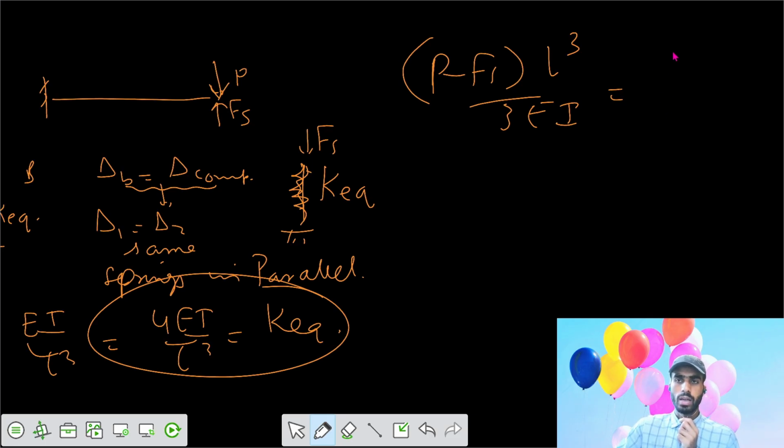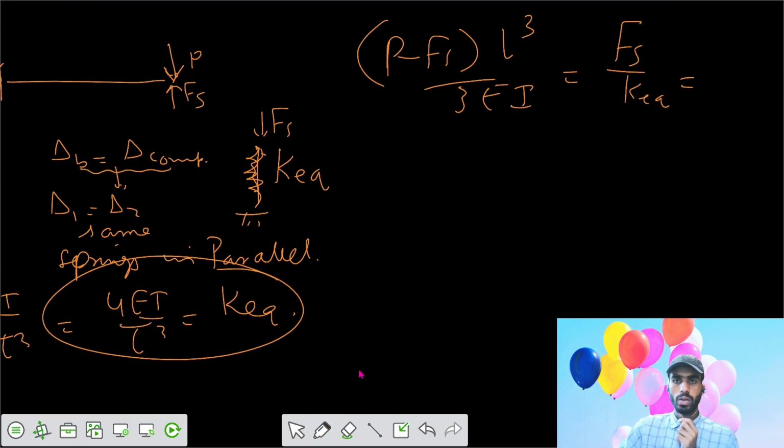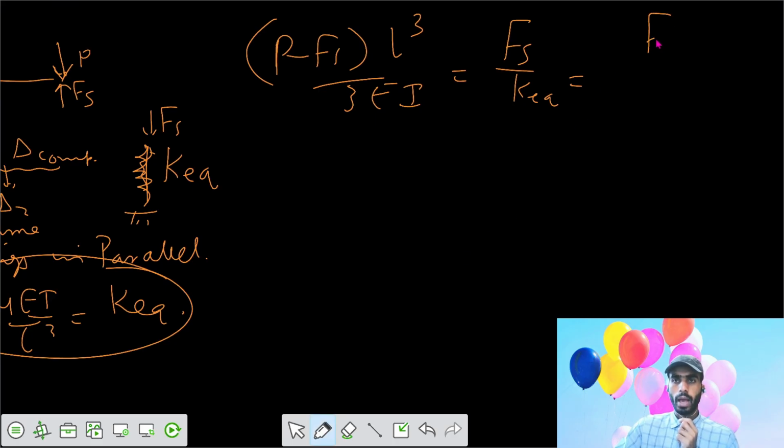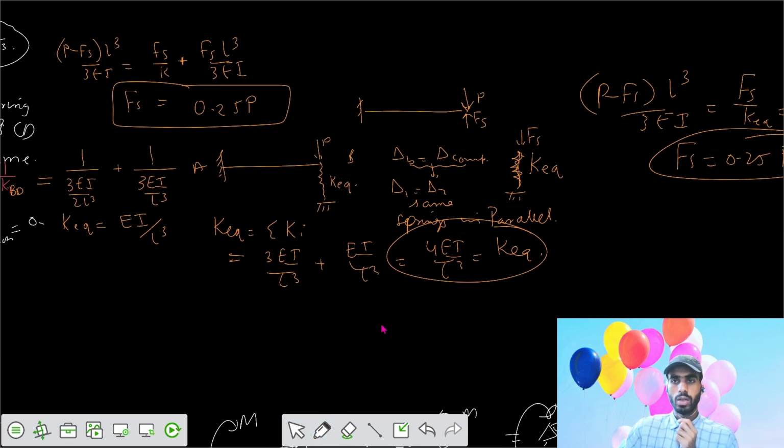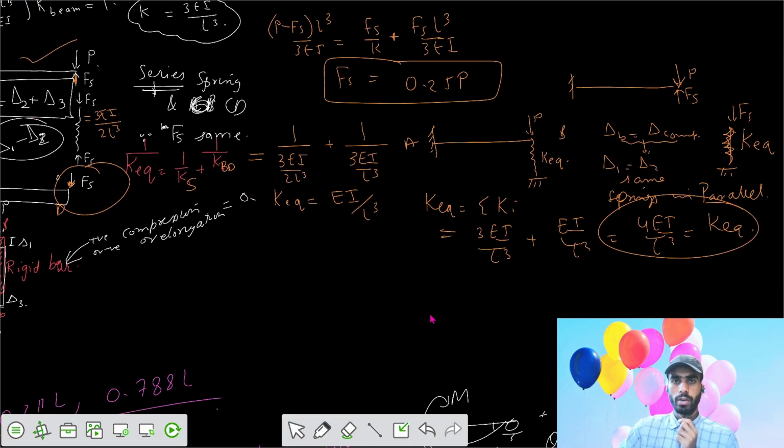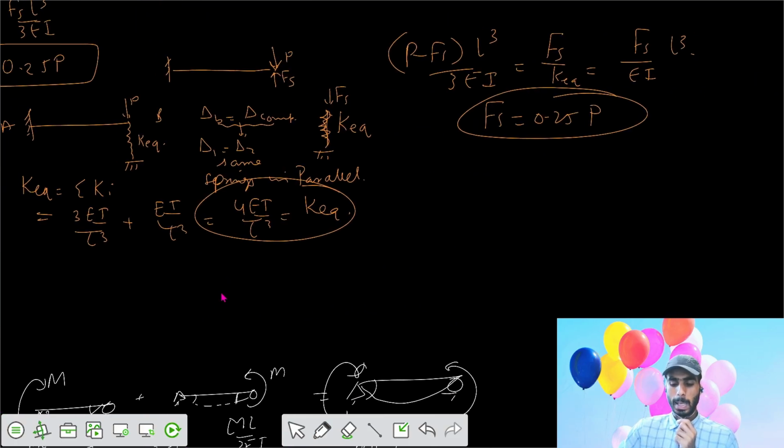So we can write Fs by K equivalent, where K equivalent was EI upon L cube. We get Fs equals 0.25 P. So in both methods, the force in the spring is 25% of that load P.